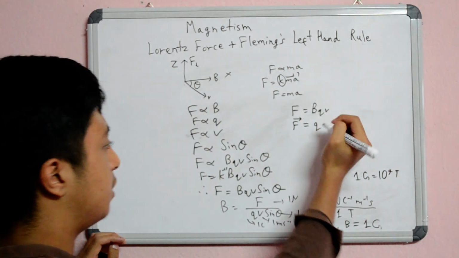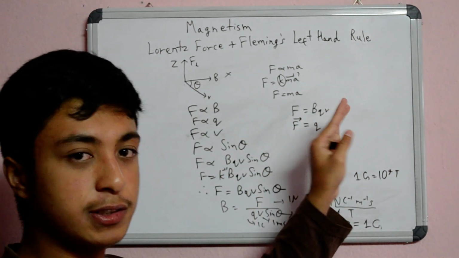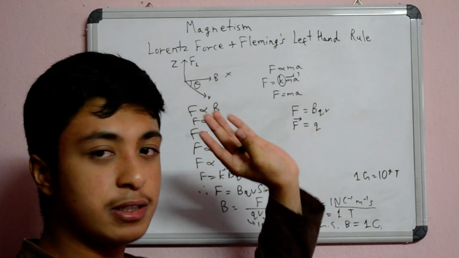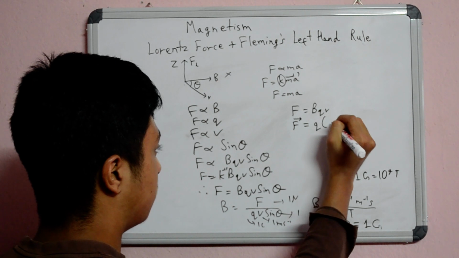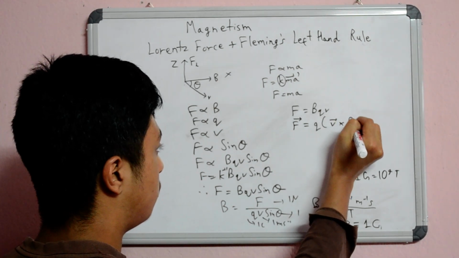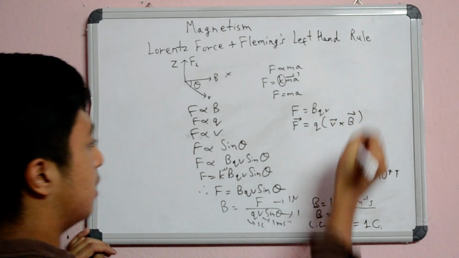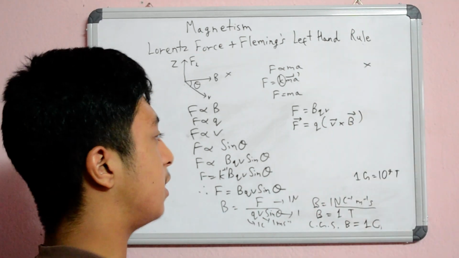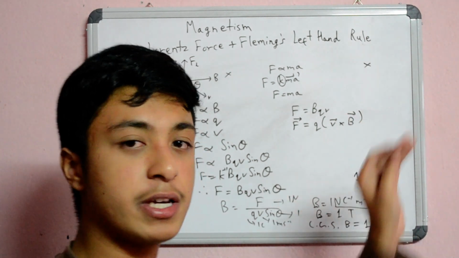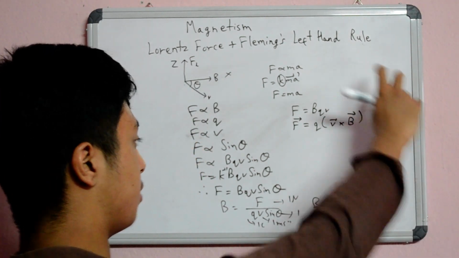So we have charge, and even though charge has direction, it is scalarly added, so it is a scalar. And it is velocity into magnetic field. Now here this multiplication sign matters. It is not a simple into sign, but this is in fact a cross multiplication or a vector multiplication.